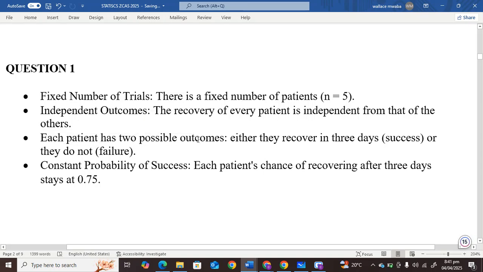As I said, with the binomial distribution, there always has to be two possible outcomes. Either you recover within 3 days, which, as I said earlier on, is a success, or you do not recover within 3 days, which is a failure.